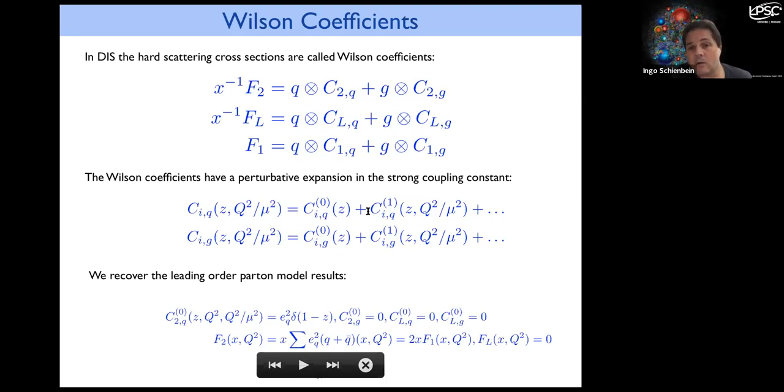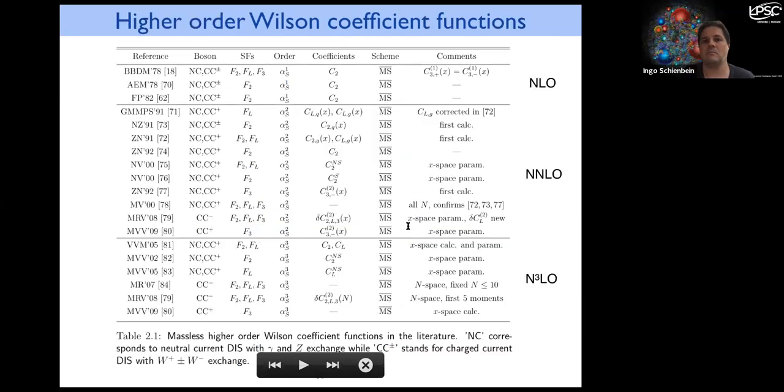And then the higher order Wilson coefficients, of course, are functions in z which have a distribution part. So there are distributions like the delta distribution, but also plus distributions, and also regular finite functions in z. And that can be calculated and has been calculated.